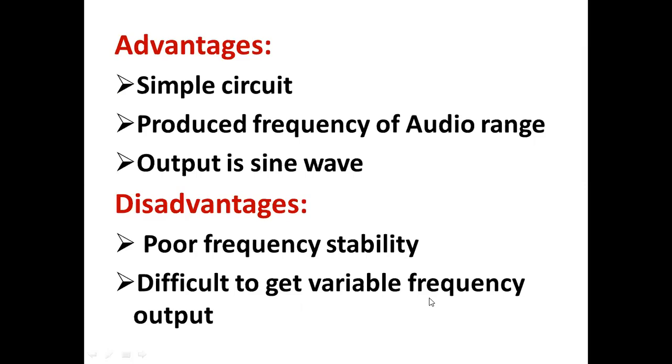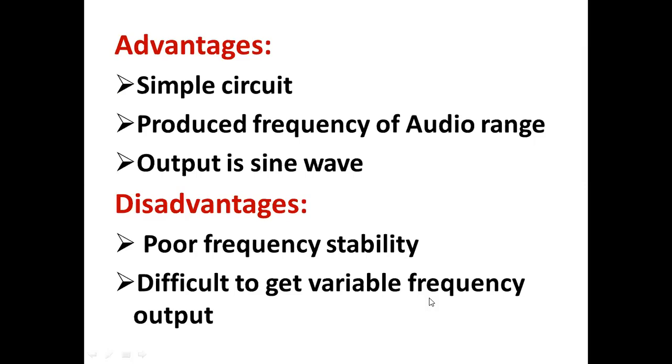That means we are required to tune the values of all capacitors, or change all the resistors at the same time. It is not possible to use different values of capacitors or different values of resistors for obtaining the variable frequency.